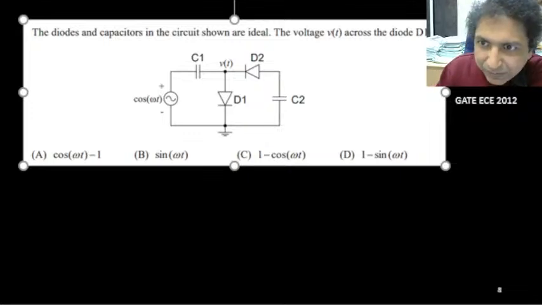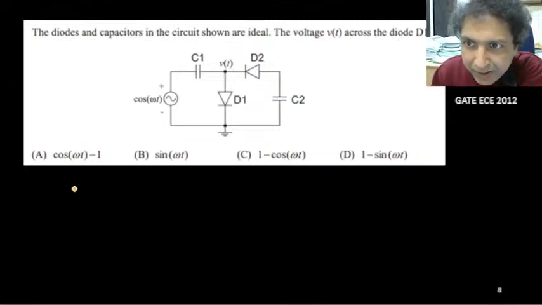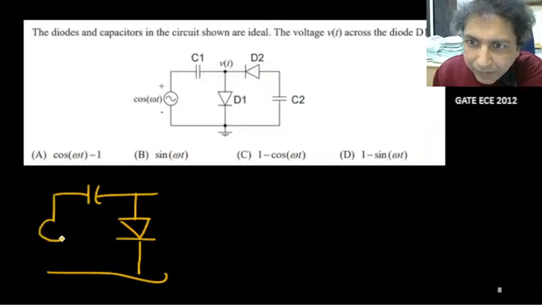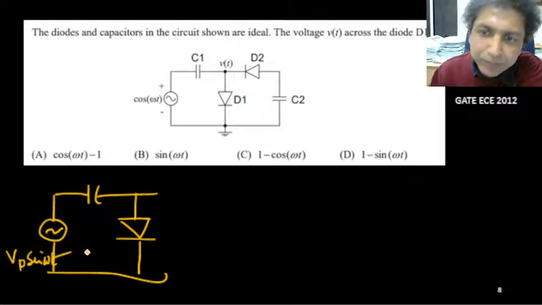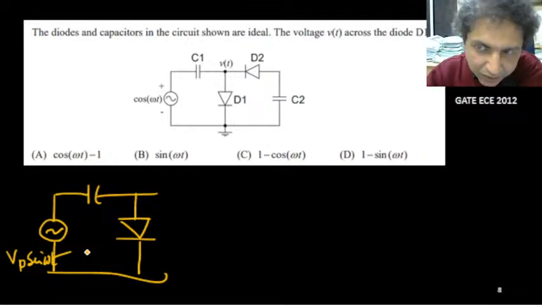So if I consider a very basic one, I have one capacitor and one diode. And here we are having one sinusoidal voltage. Suppose it is Vp sin omega t, where Vp is the peak voltage of the sinusoidal.